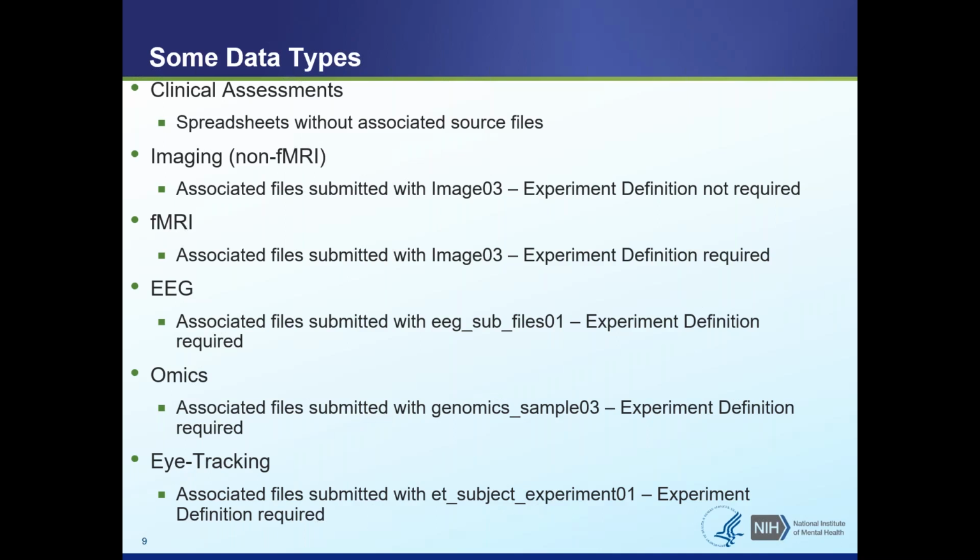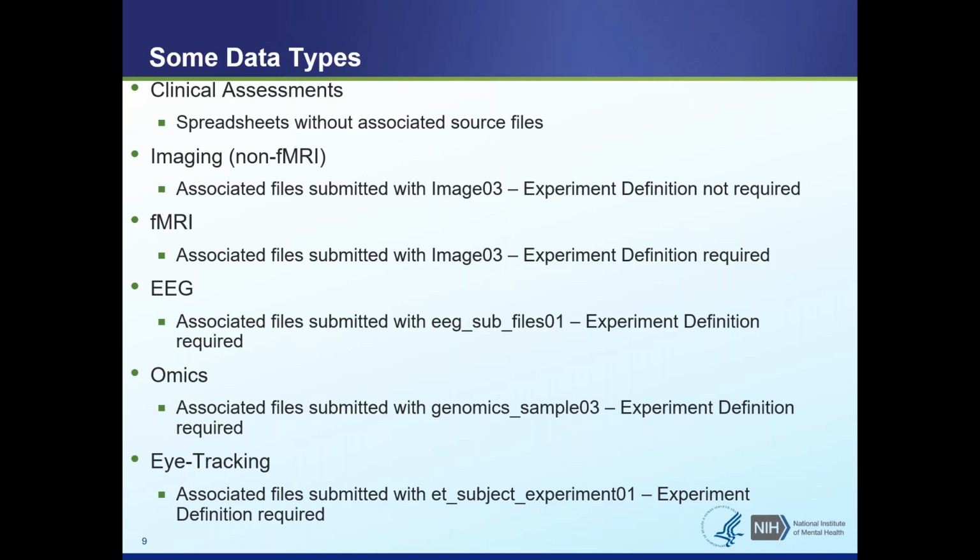Likewise, fMRI will have an associated spreadsheet. It will have associated files with this image 03 spreadsheet, which is a data dictionary structure for imaging data. And then you also have to define the experiment. An experiment definition is something on the NDA website that you will need to create and then link with your data in that spreadsheet in order to upload it.